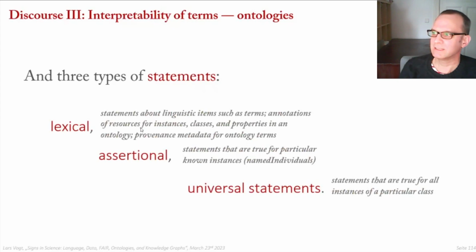So that's statements about linguistic items such as terms, or annotations of resources for instances, for classes, and for properties in an ontology. These annotations are lexical statements then, or provenance metadata for ontology terms, like who created it, from which ontology have I imported this term into my ontology, and things like that.